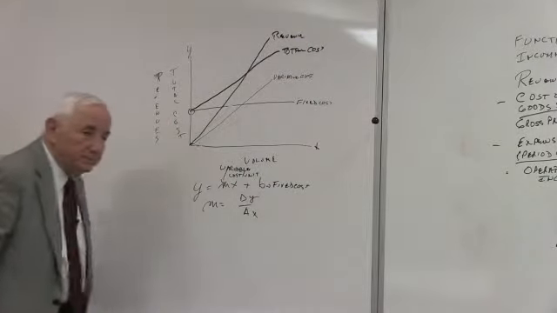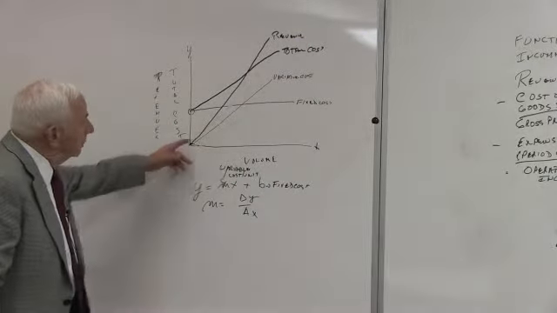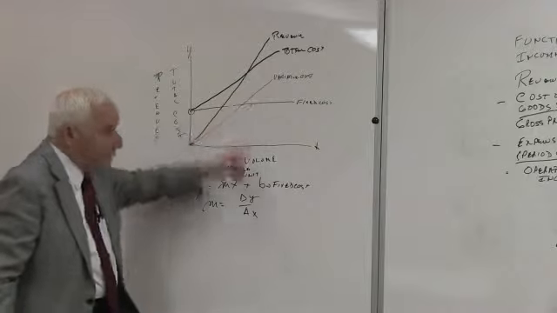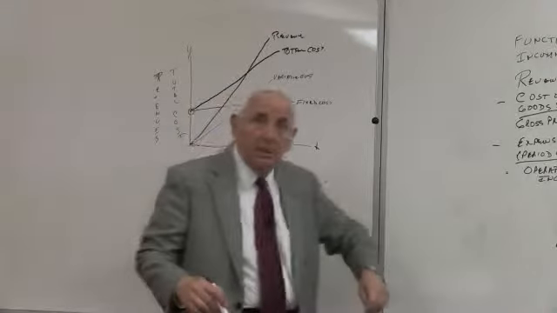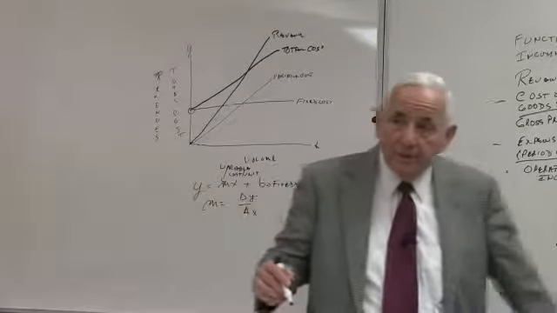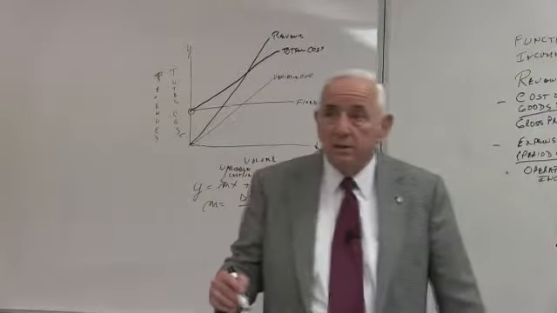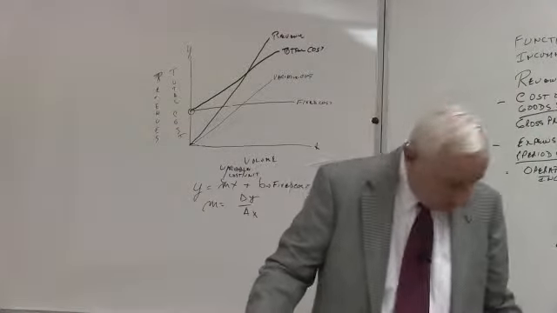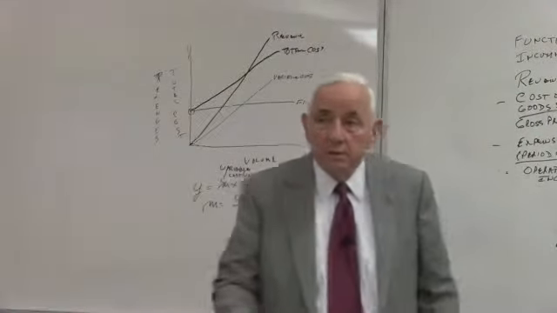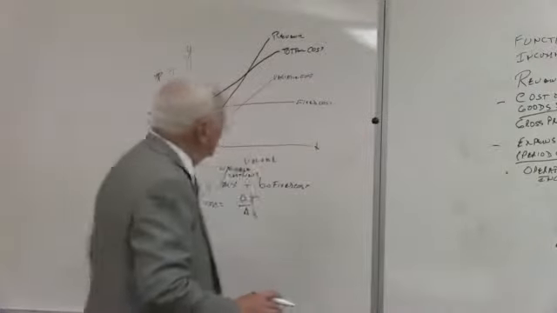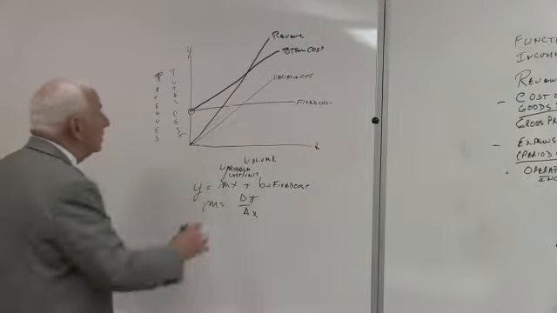here's our revenue. Now, why would you think we have a steeper slope for revenues than we do for variable cost? Because I sure hope that your price is greater than your variable cost per unit. If not, not much of a profit position.